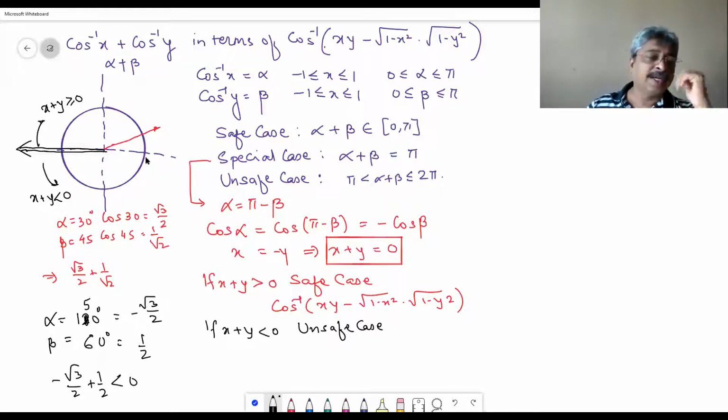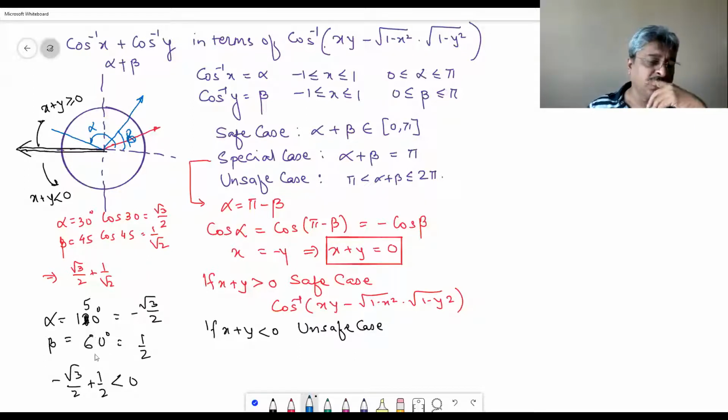And now suppose, okay, let me show now. Suppose you have this 60 degree angle alpha and this 150 degree angle beta, sorry, ultimately, this is alpha, this is beta.